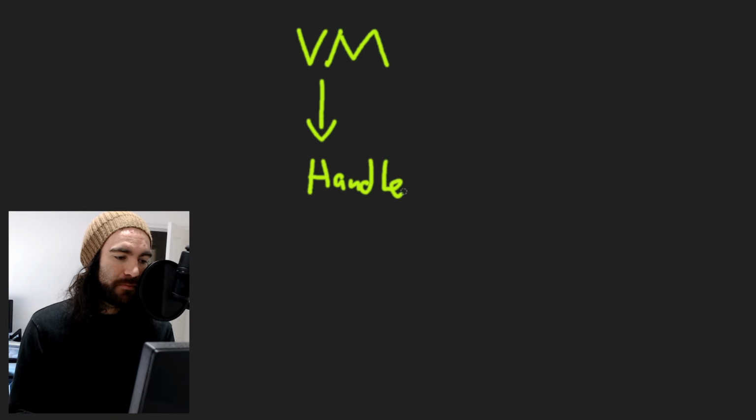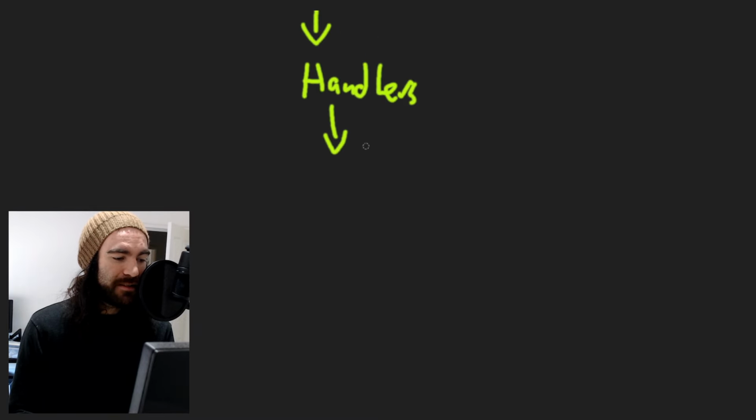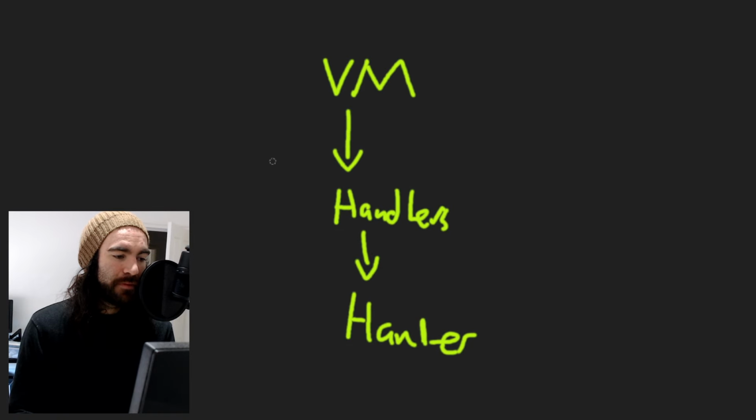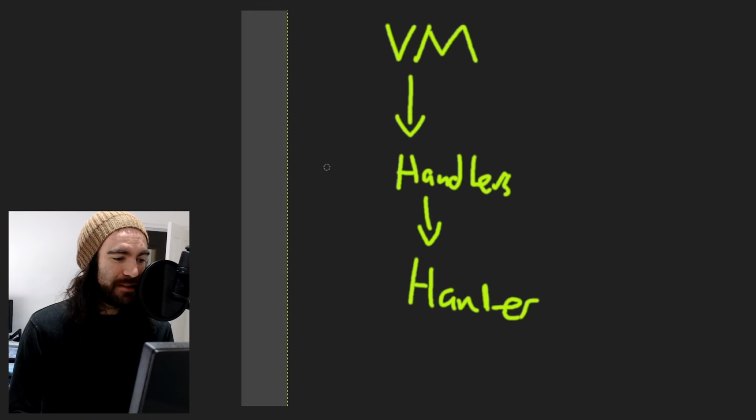We have our virtual machine. So this contains a set of handlers. This contains a handler. But here the scope of this implicitly is tied to a ref to self.